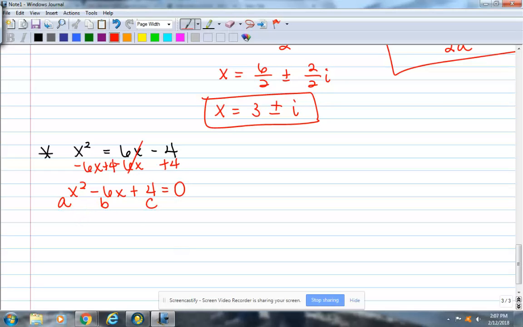Go as far as you can. X squared minus 6x. I'll write the formula on there to help you out.